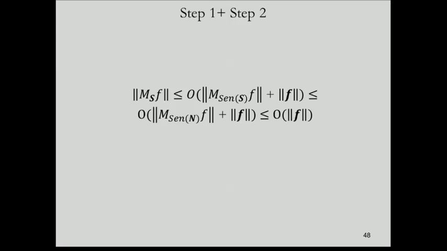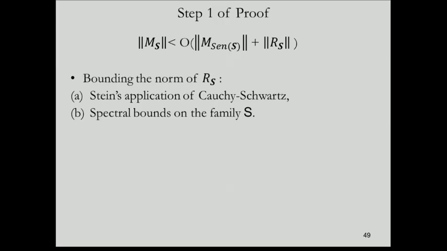Okay, so big picture, you want to bound the maximal operator of spheres. You bound this maximal operator of averages plus some error term that turns out to be some constant times f, and you bound that by averages of noise operators plus f, meaning in total you get a bound of a constant times f. Okay, so let me talk a little bit more about each step in particular.